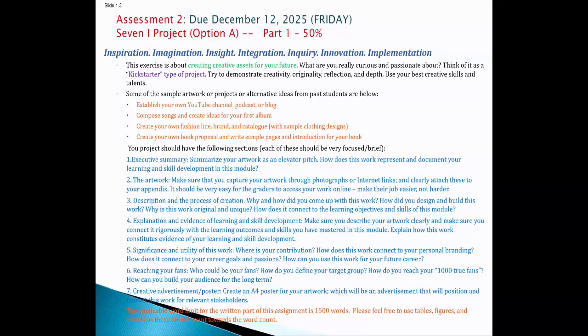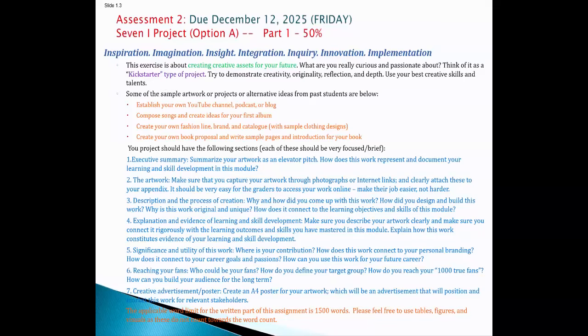So whatever you do, please make it accessible, open, and include the real links so that we can click on them and see them, okay? So the first option is to create something creative, such as a YouTube channel, books, music, brands, fashion, whatever you wish to do, whatever you are passionate about.